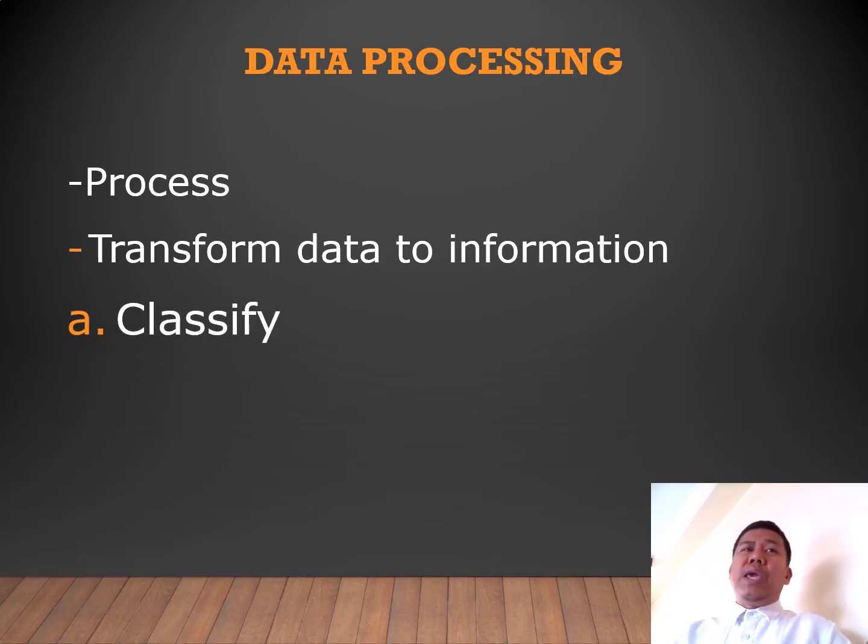That's why when we type, for example, in the computer, especially in Excel, we can classify it. We can do separating or classifying, like sorting or other things you can do in order for the particular data to be transformed into information.